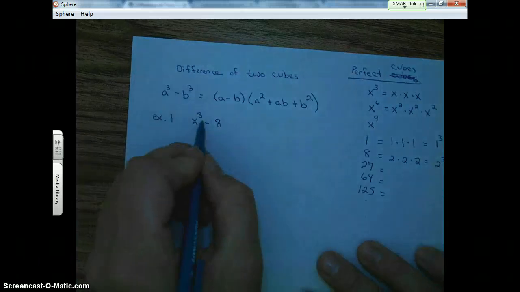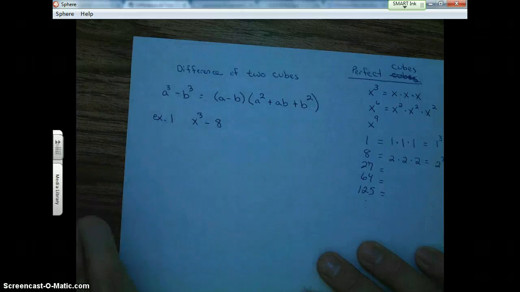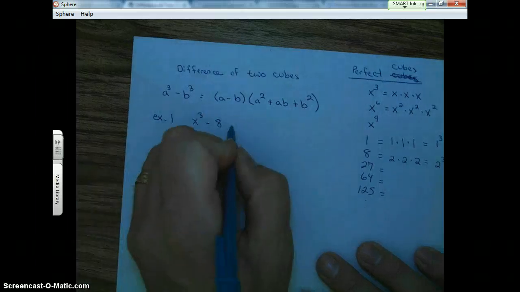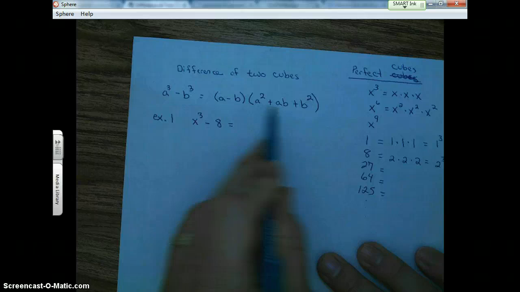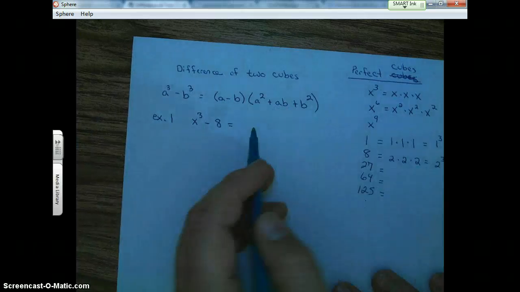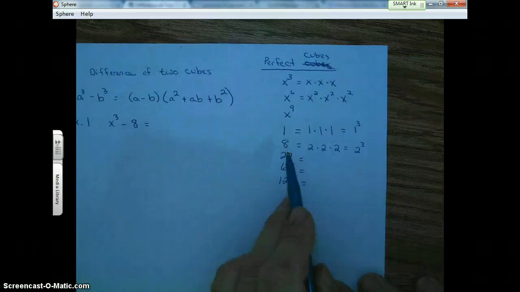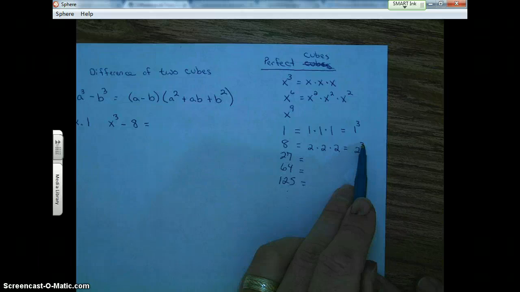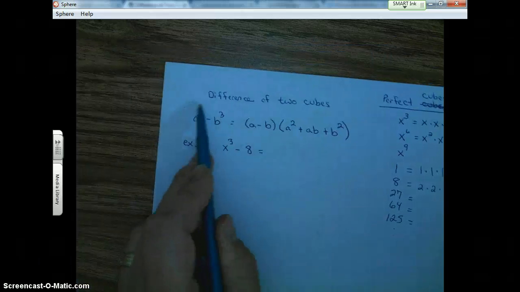Okay, x cubed minus 8. The first thing you want to do here before you convert it to factors is you want to write it this way. Instead of writing it as an 8, we want to change it to 2 to the third power so that it's in this format.